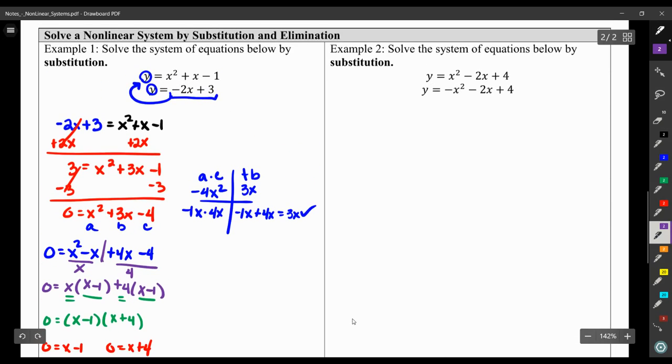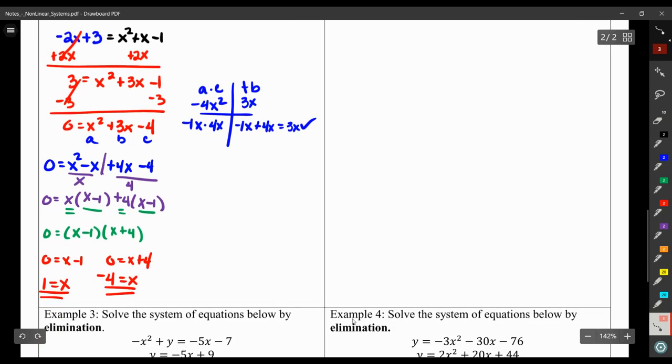If we look at our original problem, it had not only x's, it also had y's. So once you find your values of x, the last piece is you need to find the y's that match up with those individual x's. So we need to find the y value, and to do that, we're going to plug in the values of x that we found earlier.